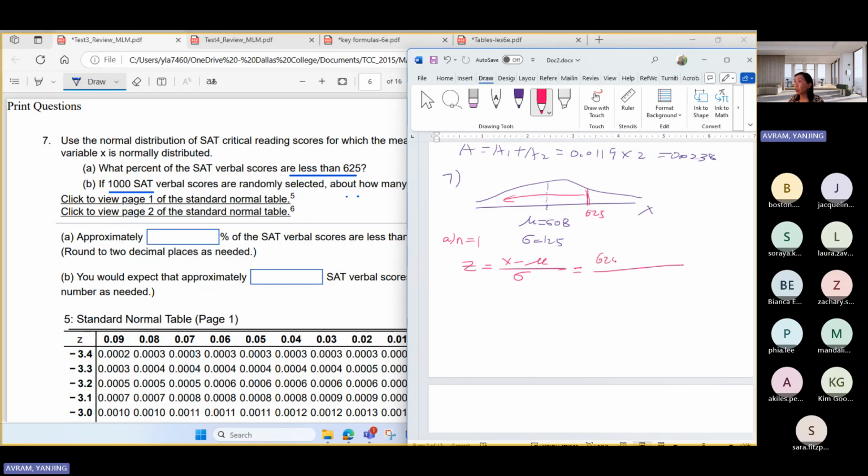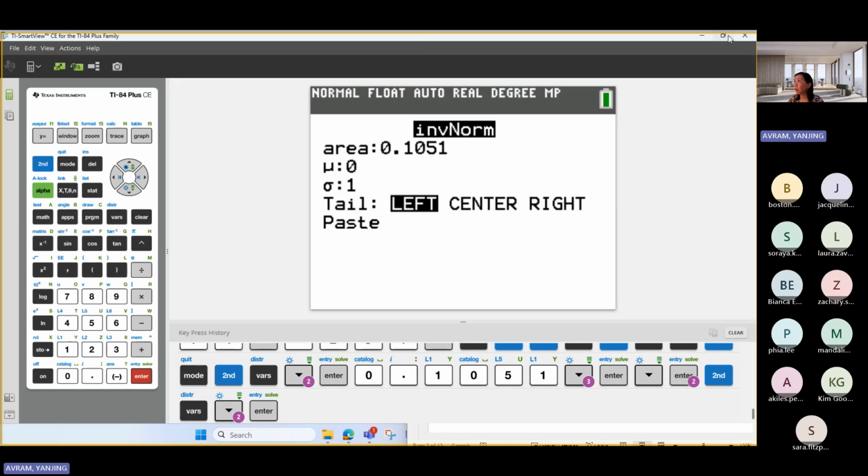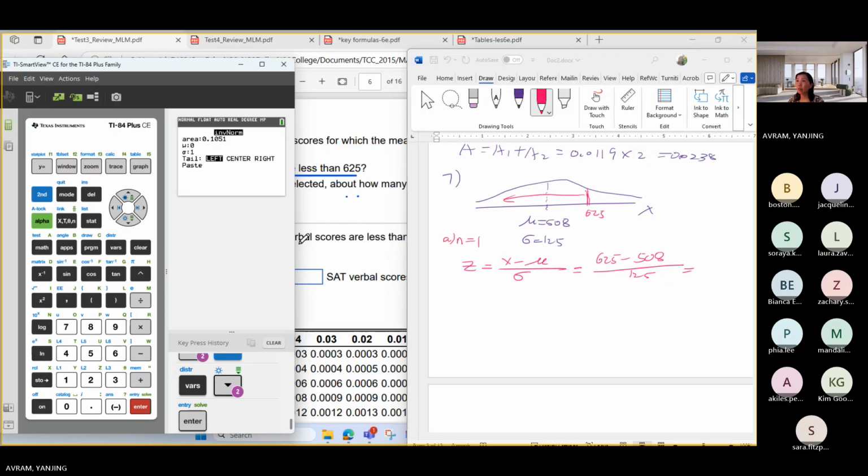So you have 625 minus 508 divided by sigma, and then we round to 2 decimal places. Just a little bit of calculation.